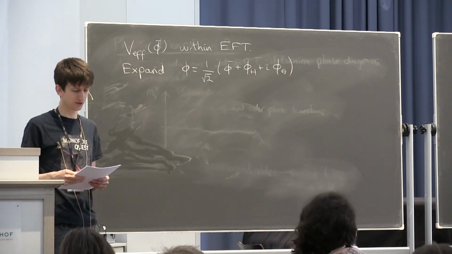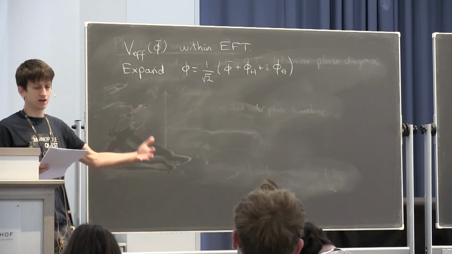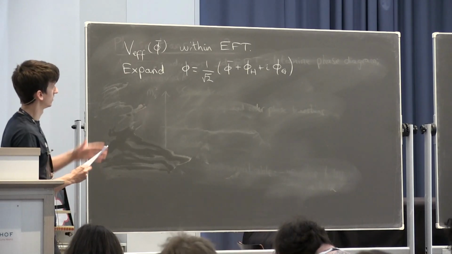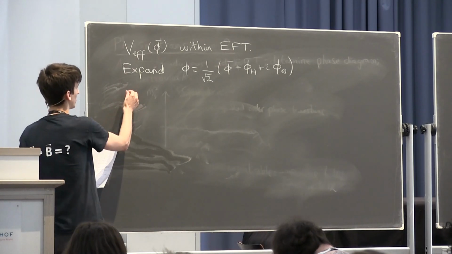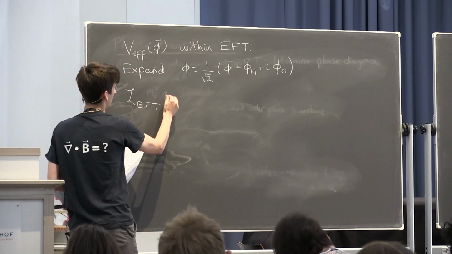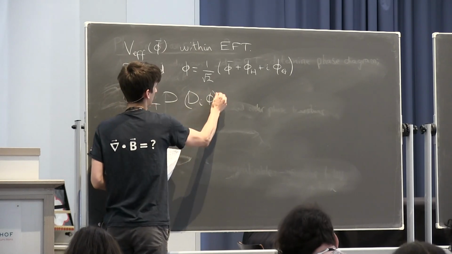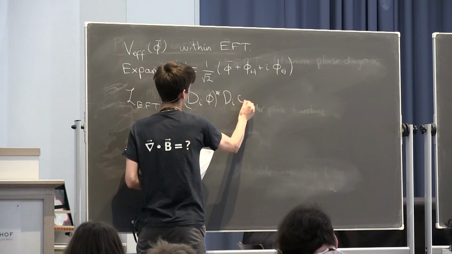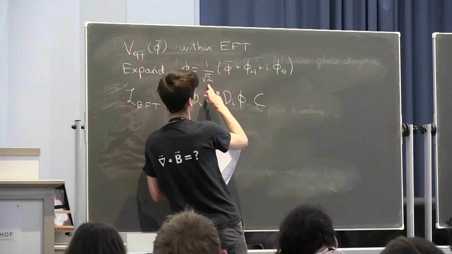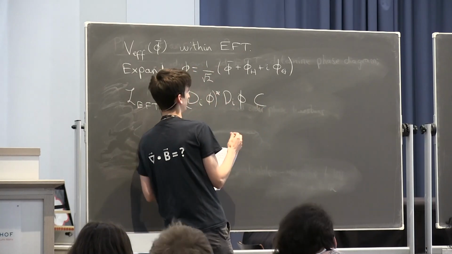This is the usual kind of expansion from electroweak theory. And if we look at our Lagrangian, let's just have a quick look at how the Higgs mechanism works out here. In our EFT Lagrangian, we have the term D_i phi star D_i phi. In that, I'm looking for the mass term for the gauge field.